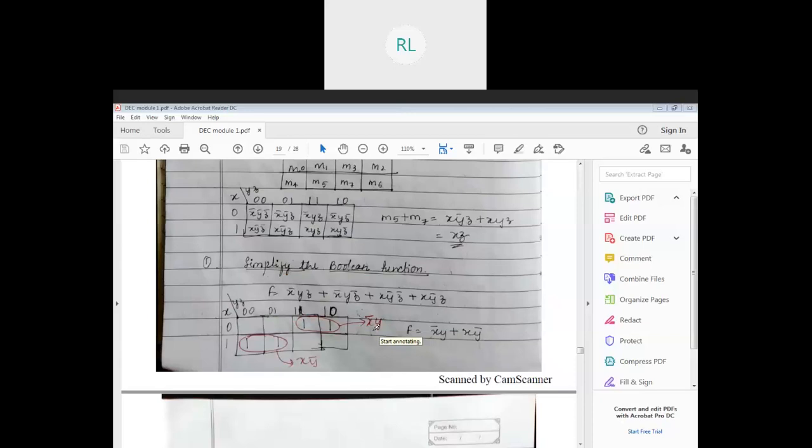So which means it is 0 1 1. Just check where is 0 1 1. I have it here, 0 is here, 1 1 is here, so that section becomes high.